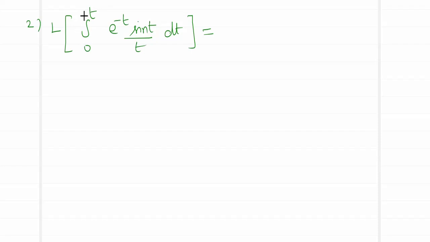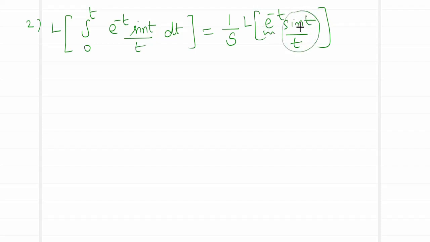First, when we see the integration, what is this integration to be replaced by? Integration has to be replaced by 1 by s, and take Laplace of all the leftover quantity. What is the leftover quantity? It is nothing but e power minus t sin t divided by t. Now, the next step is applying the exponential to my function. Let me consider this as one function. Apply exponential shift to it.